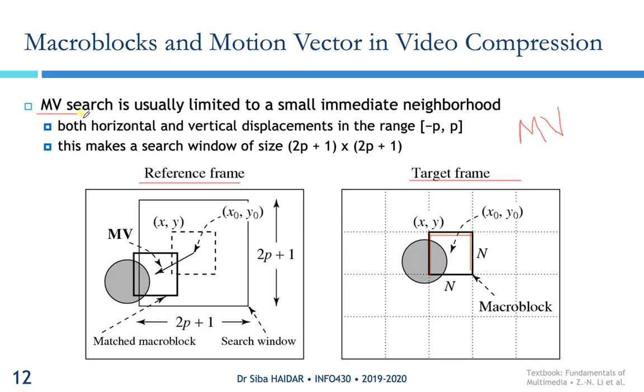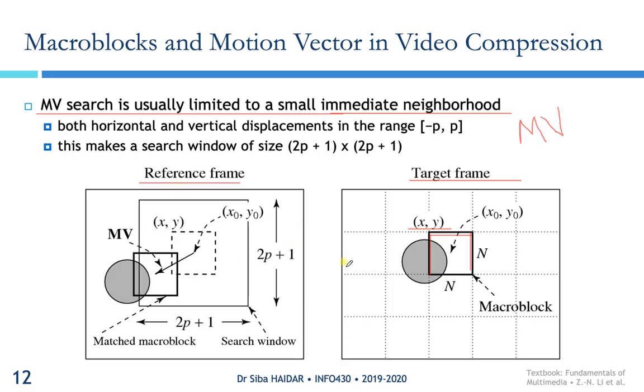MV search is usually limited to a small immediate neighborhood. Why? Because if this part of the macro block in the reference frame was not exactly where it is now, at index i, ordinate j, index x, ordinate y, it must not be very far, because this is a time-ordered sequence.